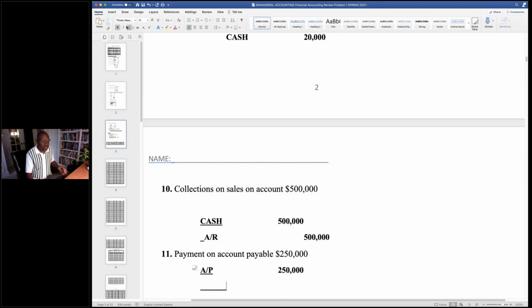We're going to credit what? Cash. Credit cash.